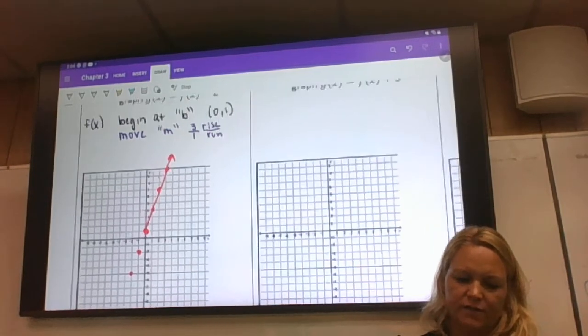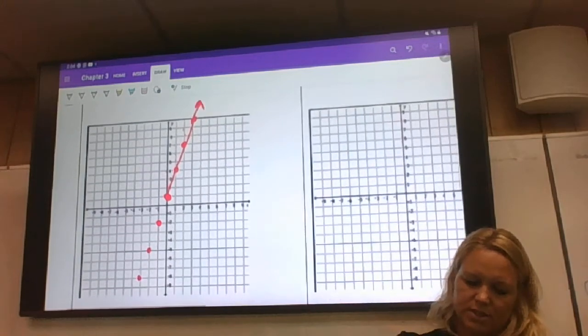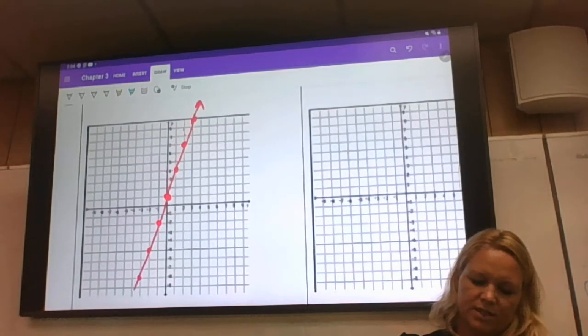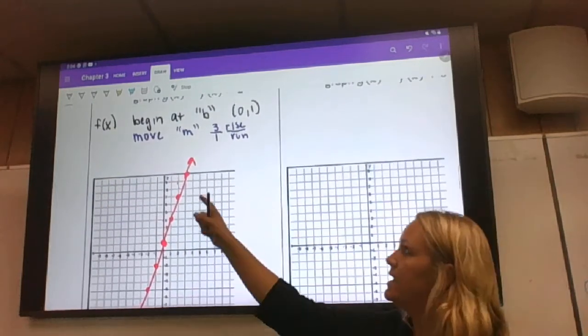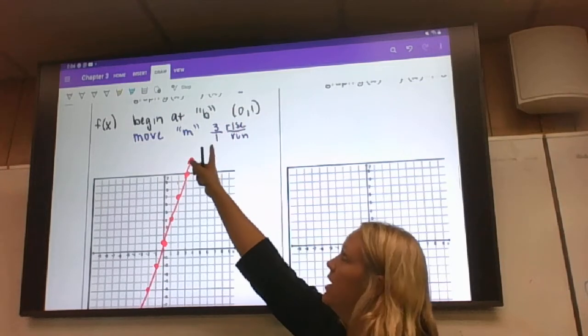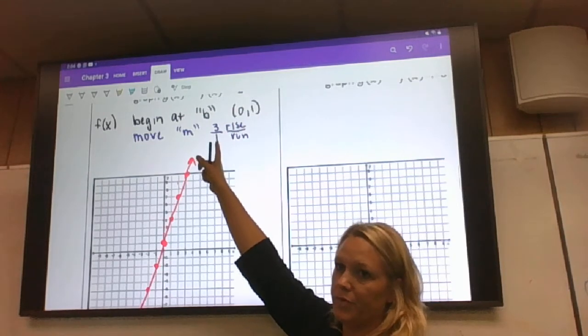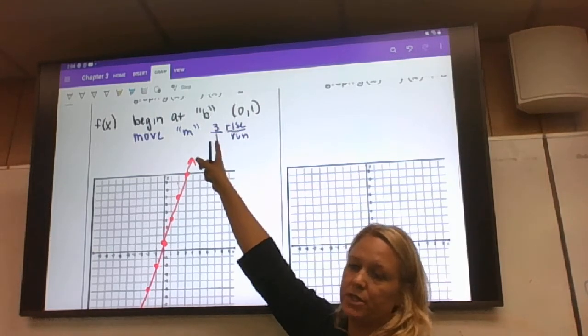On the graph, just a straight line, and I don't want you necessarily to try to match my points. I want you to match my process. Start at 1 and count yourself up 3 over 1, up 3 over 1. So you created it on your graph, not by matching my points, but through your movement.